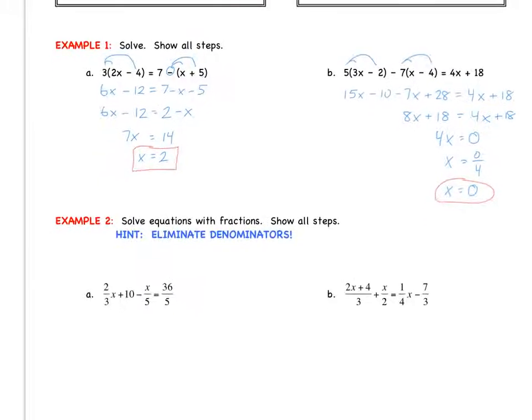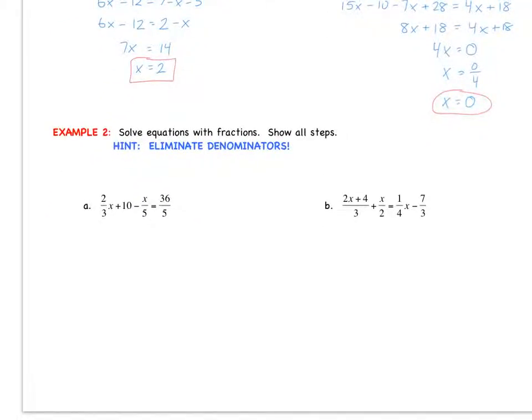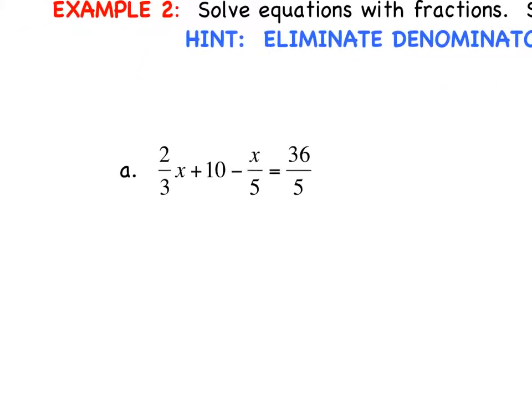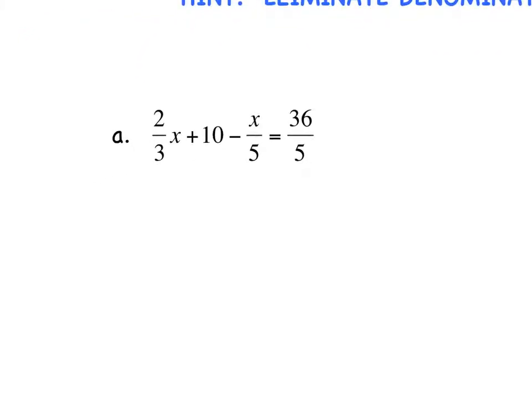Let's take a look at what I mean here. We'll zoom in on A: 2/3 x plus 10 minus x over 5 equals 36 over 5. The first thing I'm going to look at are the denominators: 3, 5, 5. Similarly to what we did in chapter P, we talked about the LCD, the least common denominator.